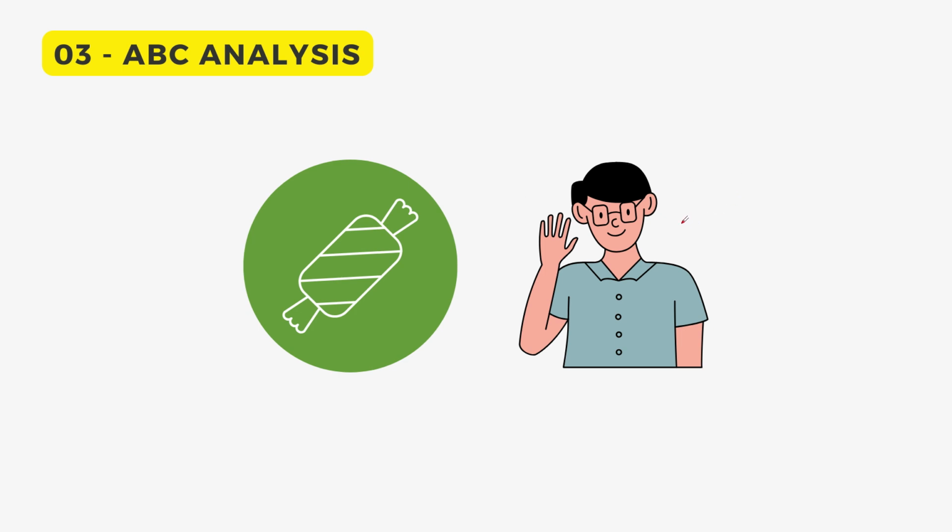Let's say this guy here, his name is Ali. Ali runs a toffee shop that has recently expanded its product range from 20 to 100 different types of toffees and candies.